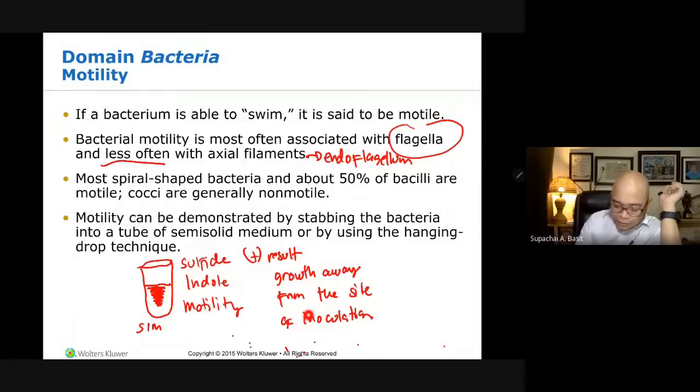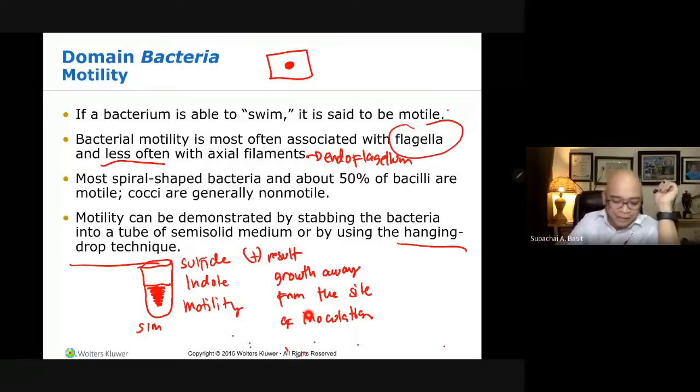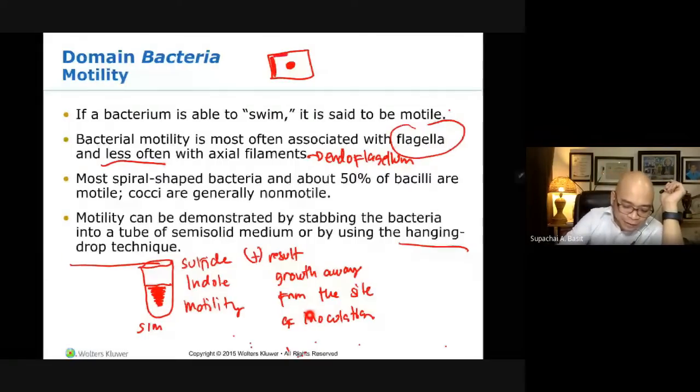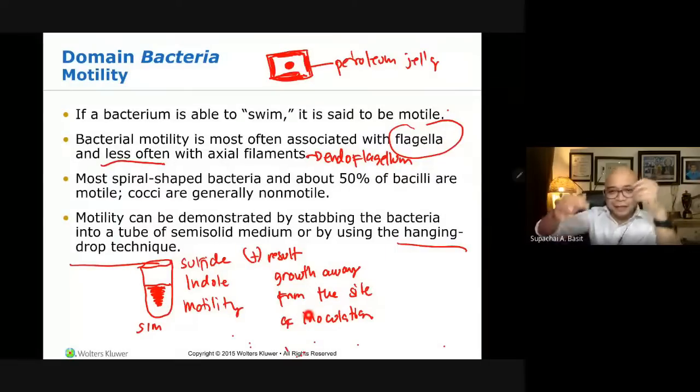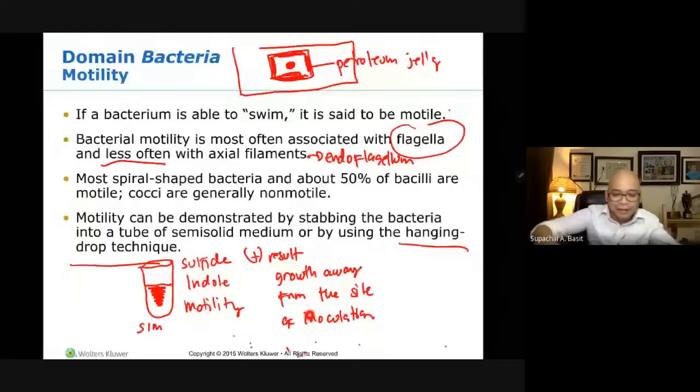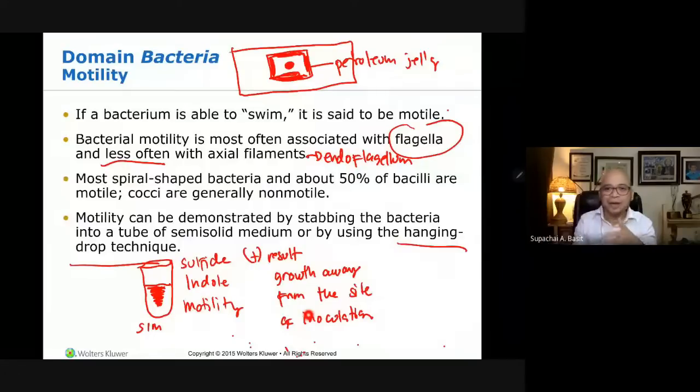Okay, another one is using the hanging drop technique. This one is much easier because all you have to do is add a drop of bacterial suspension onto a cover slip and then add petroleum jelly on the side, and then you place a slide on top of it and reverse it, then look under the microscope so that you'll be able to see motile or moving organisms.